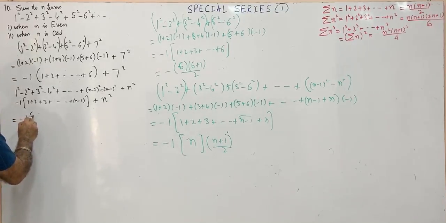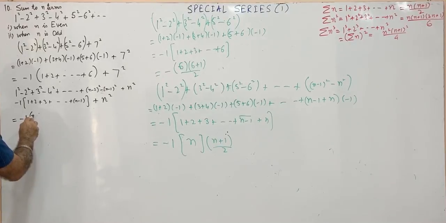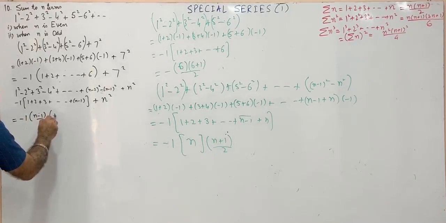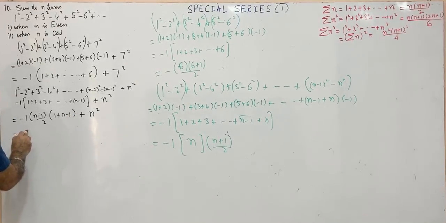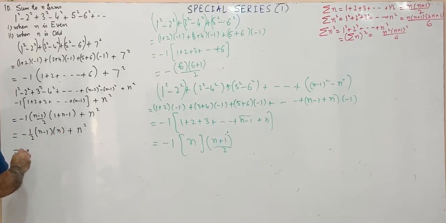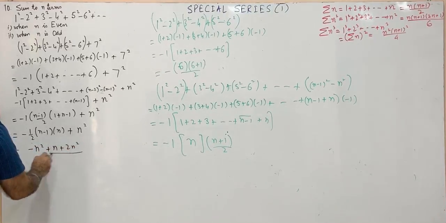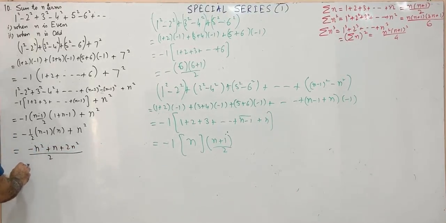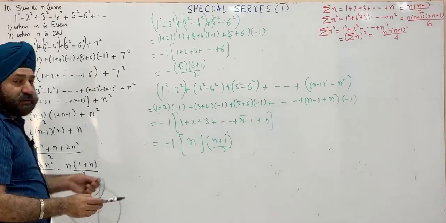This is minus 1 into n minus 1 by 2 into 1 plus n minus 1, plus n square. This is minus 1 by 2 into n minus 1 into n, plus n square. This is minus n square plus n plus 2n square upon 2, and that is n plus n square upon 2. N common, it is n into 1 plus n by 2. So this is the answer.